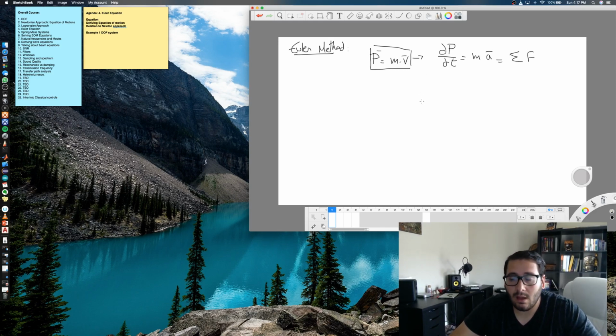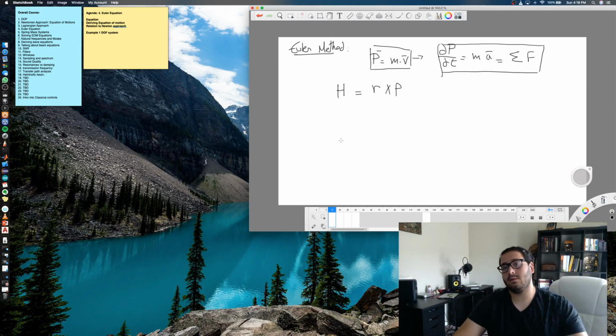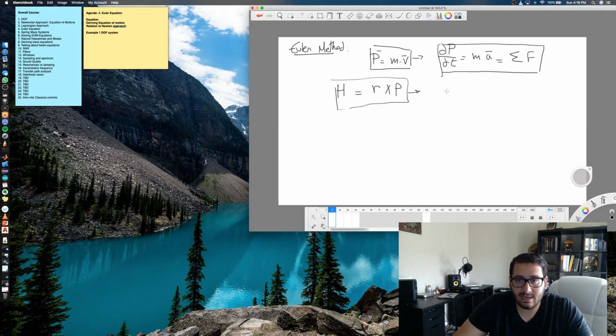From there, Euler came up with a concept called angular momentum, which is basically H equal to radius cross the momentum. If you take that expression and differentiate it, it will give you dH over dt, and that will be your sum of torques.